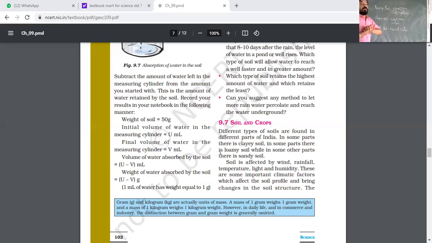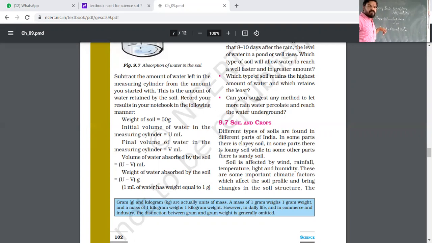Now, see, here you can see that all types of soil are useful to some extent. The loamy soil is also useful. It contains sandy soil, some pebbles, and a mixture of the clay soil. Then also it is helping in growing the vegetables and crops.